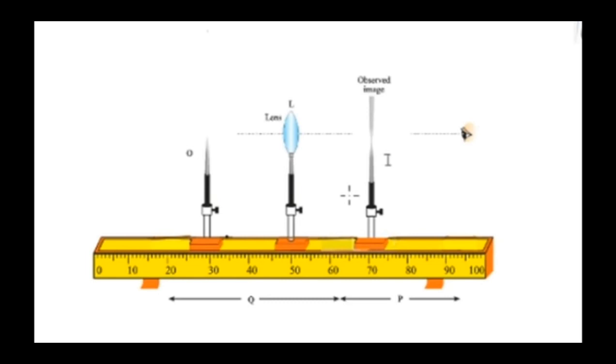This distance will act as our image distance and is taken as q. So we know the lens formula, 1/f = 1/p + 1/q. Using this formula, putting in the values of p and q, we can calculate the focal length of the given lens.